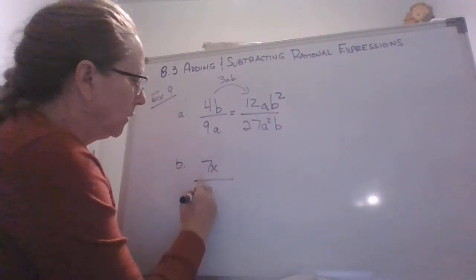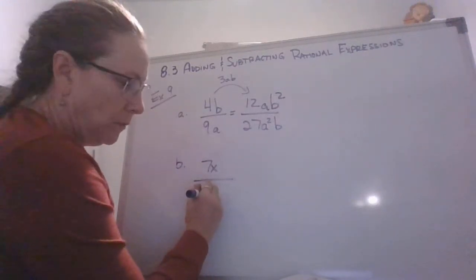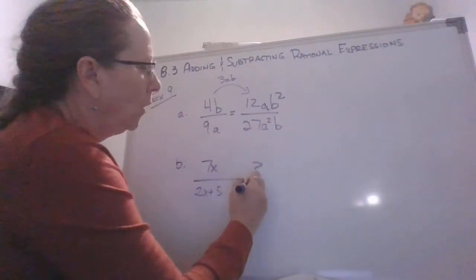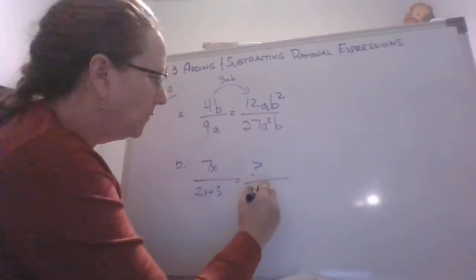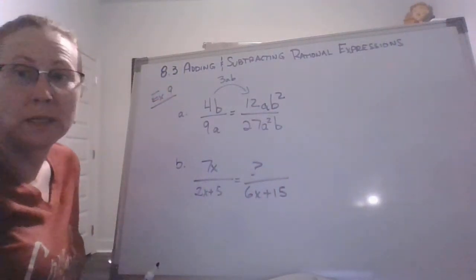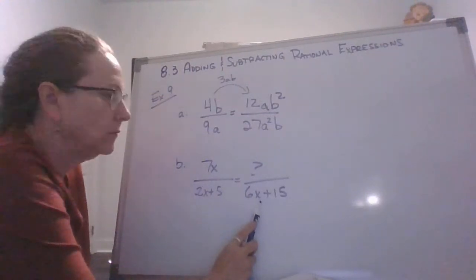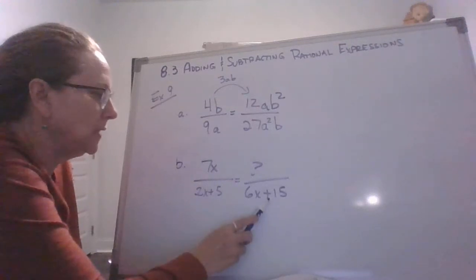7x over 2x plus 5 is equal to what numerator over 6x plus 15? All right, now the first thing that we want to do is factor this, because it's really hard to see what to multiply this by to get to that.